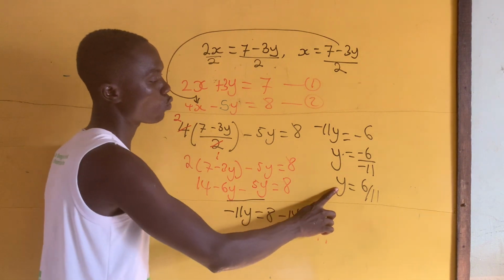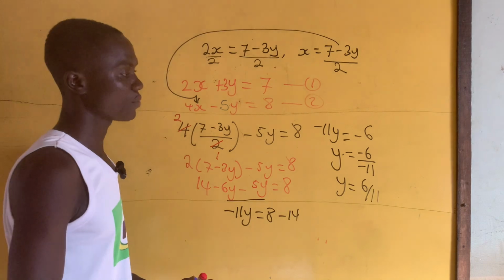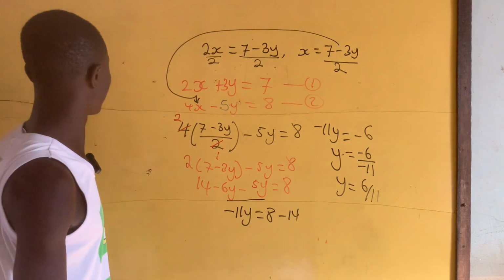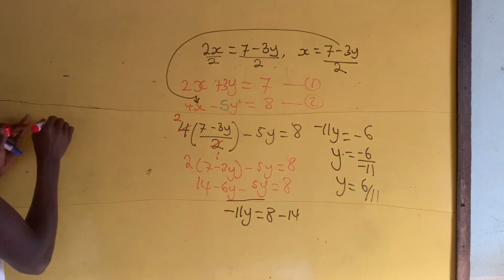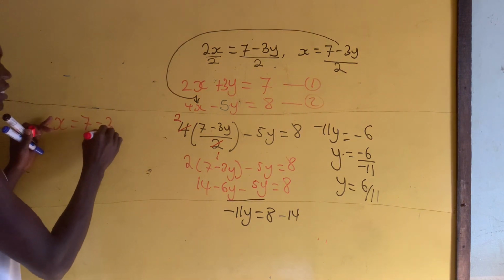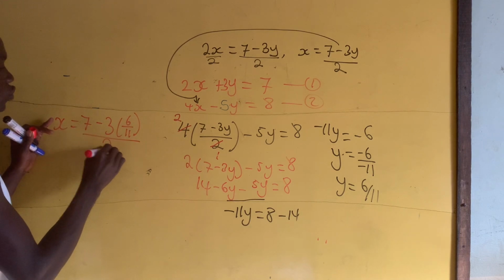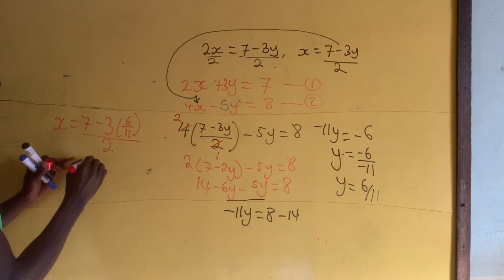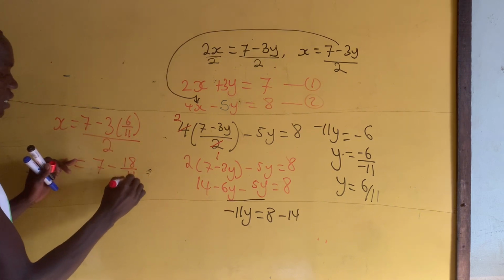Now, we put y equals 6 on 11 here and then simplify to get our x. So we have x equals (7 minus 3 times 6 out of 11) all divided by 2. So this gives 7 minus 3 times 6, which is 18 divided by 11.